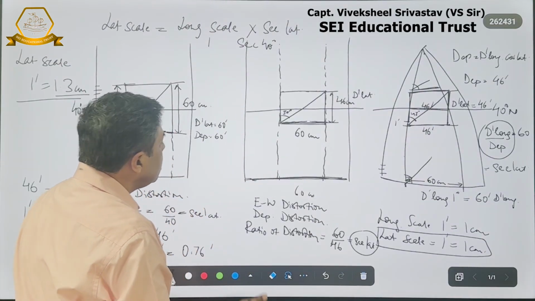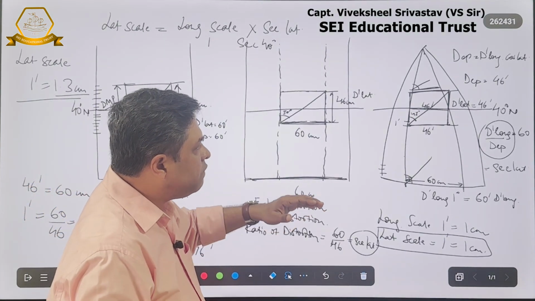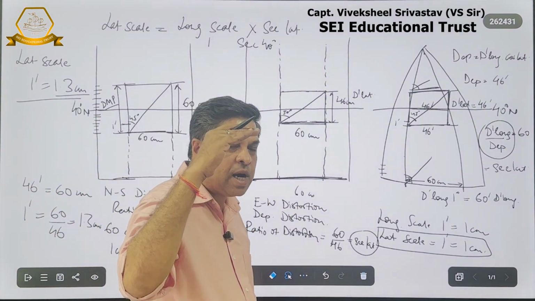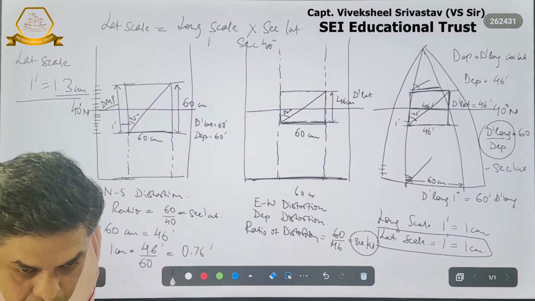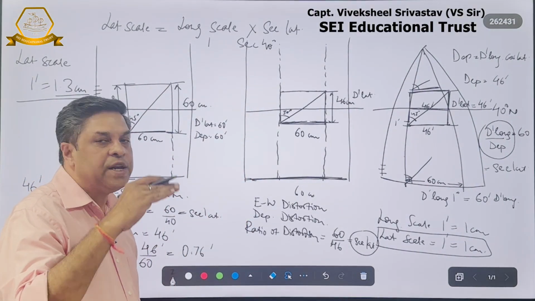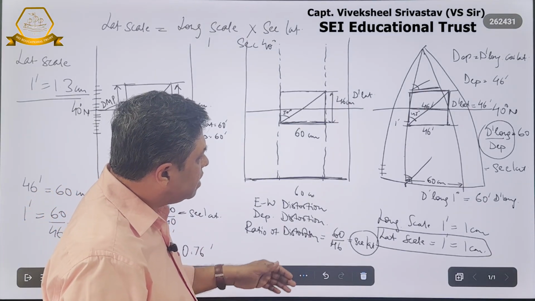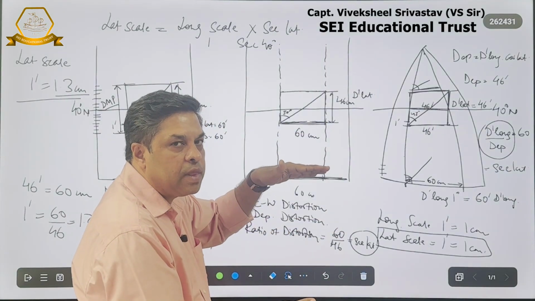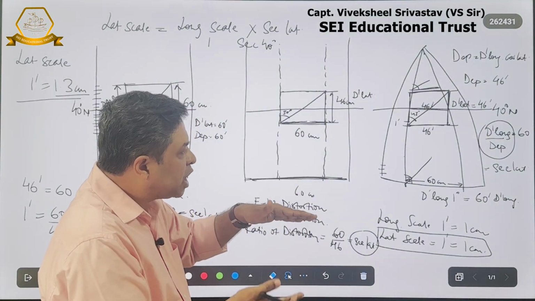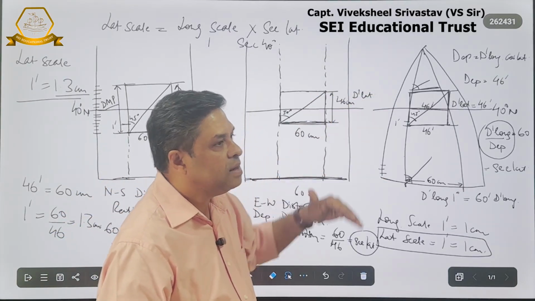So what do meridional parts give you? Meridional parts of any latitude are tabulated in your traverse tables, and they are for all latitudes. So what does it indicate? It indicates the amount of accumulated distortion that has happened up till that latitude.